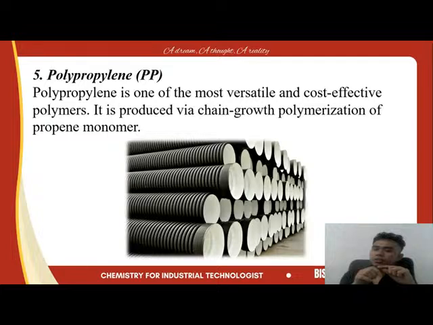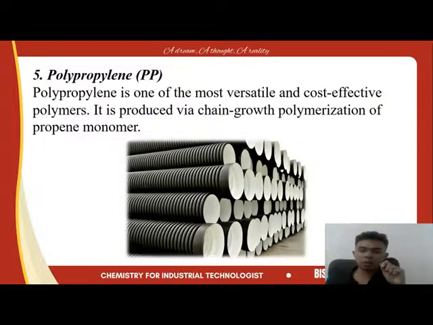A large volume of it is utilized in the fabric industry. So PP fibers are utilized in a host of applications including tape, draping, and staple fibers. Okay, for marine applications, PP ropes and twines are used as they are very strong and moisture resistant. Okay, so that is the polypropylene.